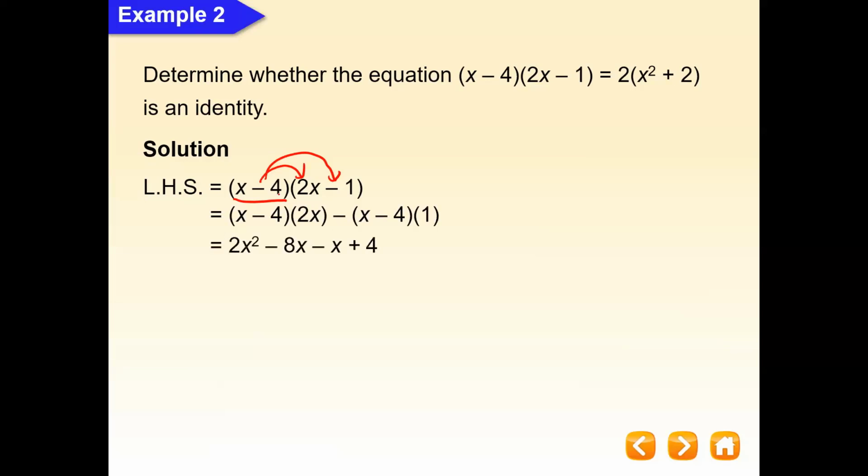Next, we further expand and remove the bracket like this. Left-hand side equals 2x squared - x - 8x + 4. Next, we simplify and group the like terms.